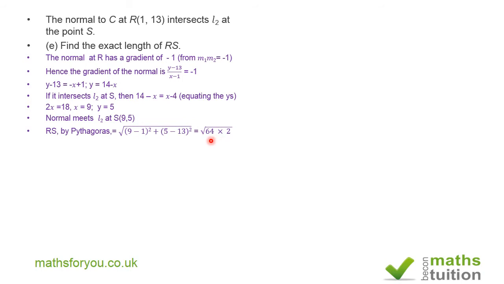The square root of 64 is 8. Because they want the exact length of RS, our answer is that the length of RS is 8 root 2.